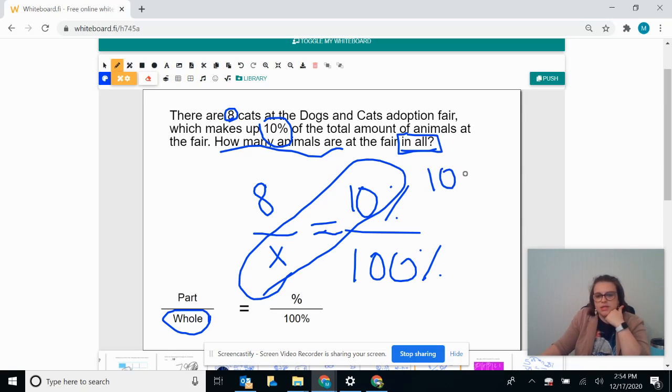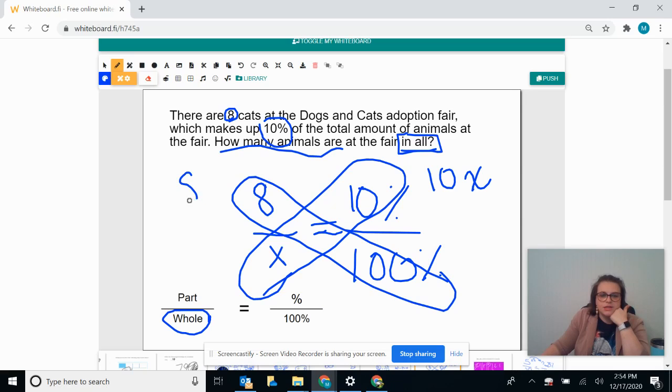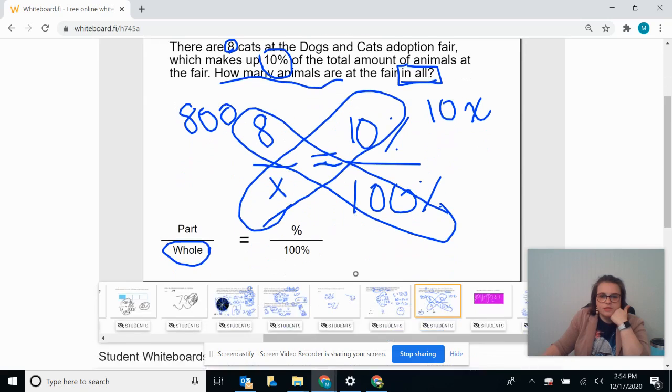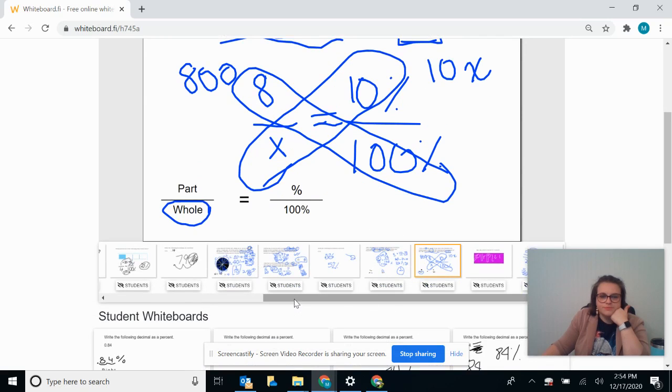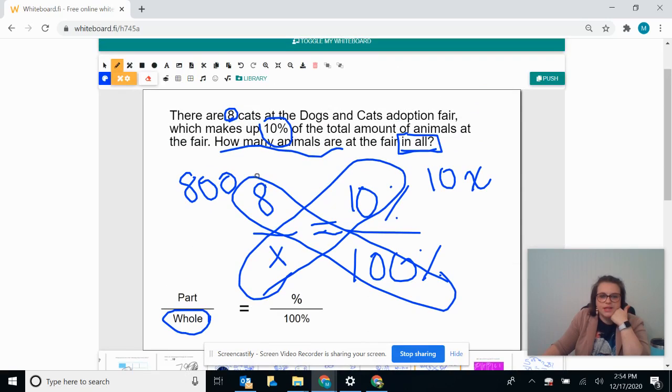So x times 10, I'm going to write 10x. And I'm going to multiply 100 and 8 together, and that makes 800. Okay? So now I know that 800 equals 10x, because remember, our equal sign is still there.